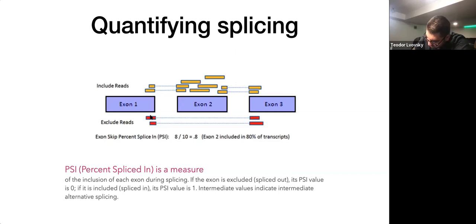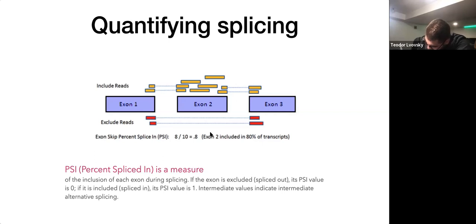So you look at the evidence of reads that are not including exon 2, these are the reads in red here, and you look at the evidence of reads that are including exon 2. These are the reads in yellow. And if you do the math, you'll say I got so many % of the reads that tell me that there is exon 2. That's for sure because I sequenced it. I mean, you never sequence introns, of course. And so many % that tell me that there is no exon 2.